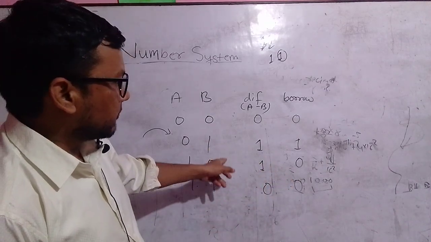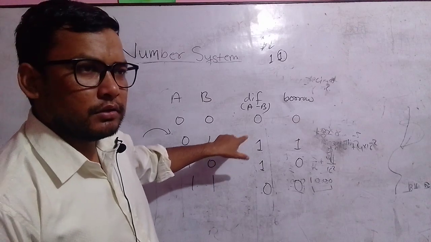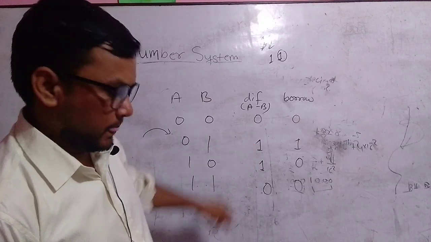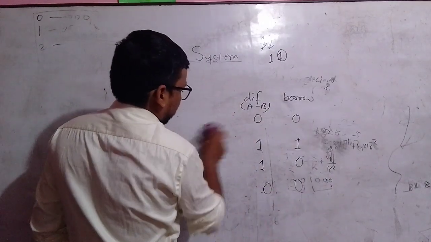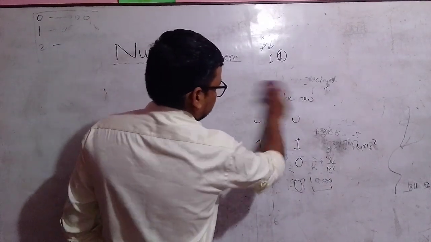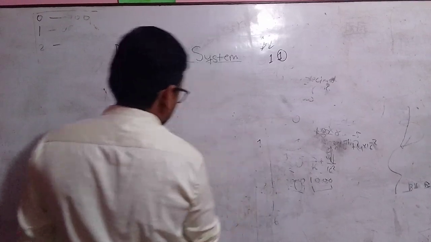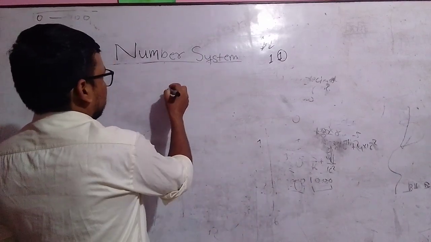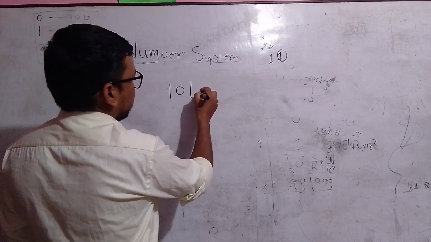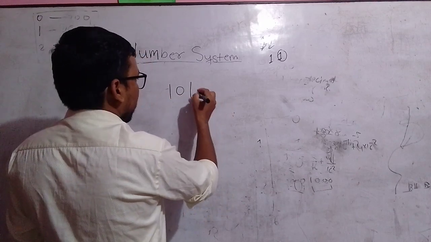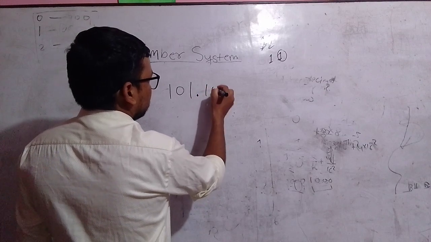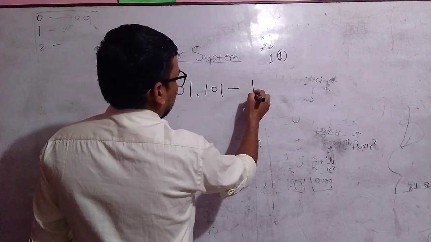Now we use the same concept to subtract complex numbers. Look at another example. Suppose 101.101 minus 1.